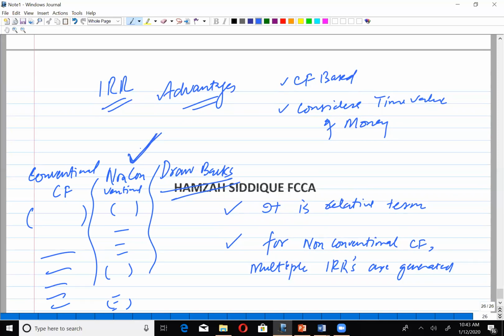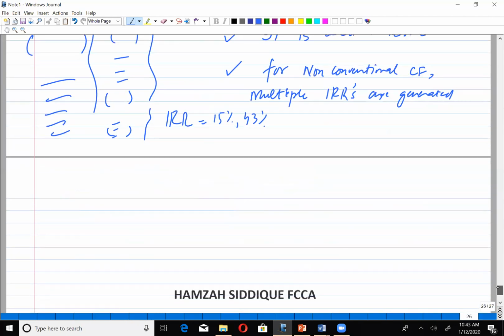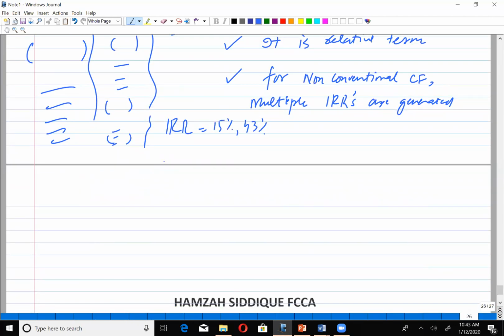In this case, when we calculate IRR through a spreadsheet, not manually, the spreadsheet gives more than one IRR. For example, IRR of 15% and 43%, two IRRs, and it happens practically.